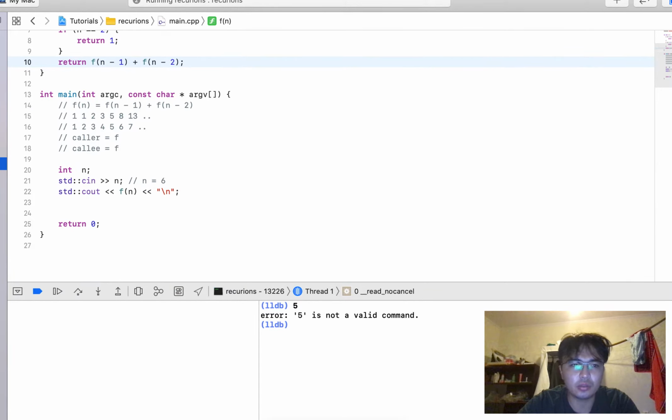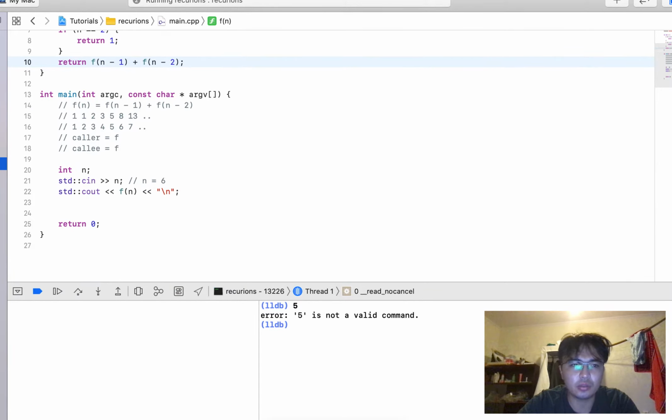Yeah, so it says the fifth Fibonacci number is 5. So far it's good. Let's run again and give some other number. Let's say 6. It says 8. Yeah, good, it's computing all right. And if we do 7, it's giving us 13. Yeah, it's perfect.